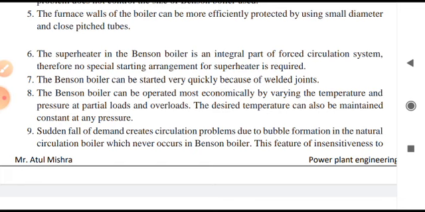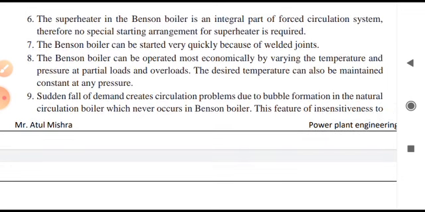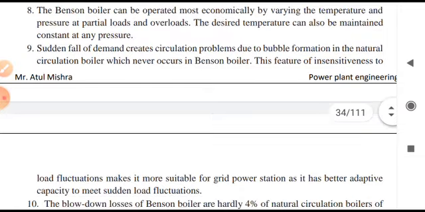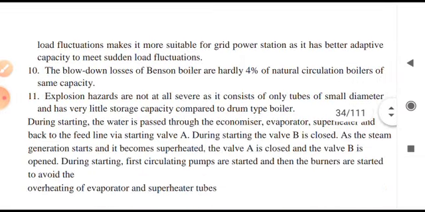The desired temperature can also be maintained constant at any pressure. A sudden fall of demand creates a circulation problem due to bubble formation in the natural circulation boiler, which never occurs in the Benson boiler. This insensitiveness to load fluctuation makes it more suitable for grid power stations, as it has better adaptive capacity to meet sudden load fluctuation.